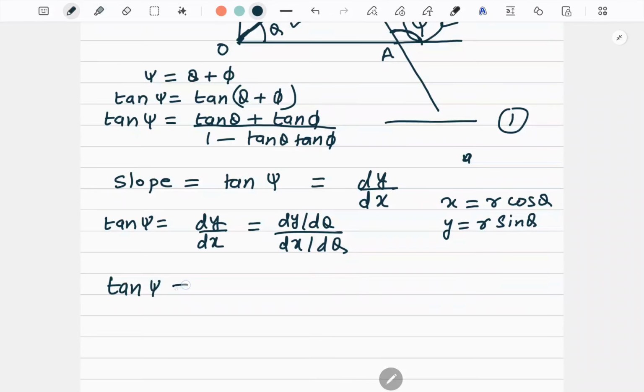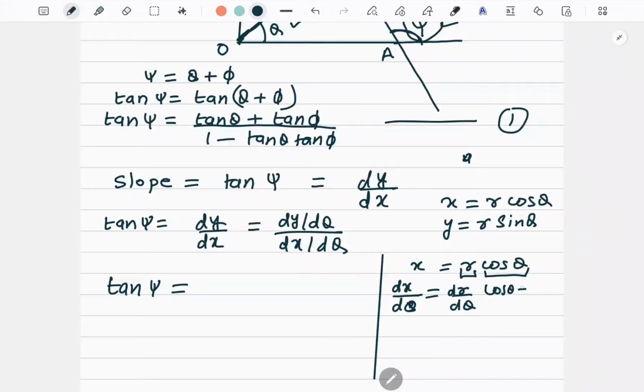So tan psi is equal to, what is dy by d theta? I'll do it here to explain. If you are good at differentiation, you will understand directly. x is equal to r cos theta. If I differentiate both sides with respect to theta, what will happen? dx by d theta is equal to, here you need to apply the product rule. The differentiation of r is dr by d theta, because I am differentiating with respect to theta, into cos theta, then the differentiation of cos theta is minus sine theta into r.